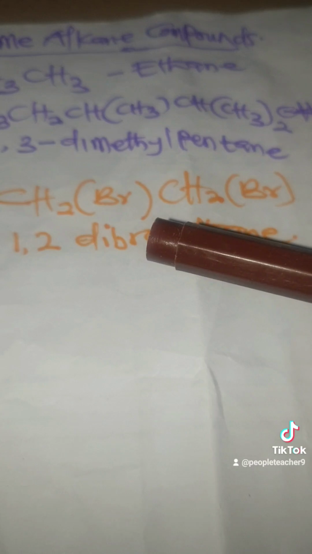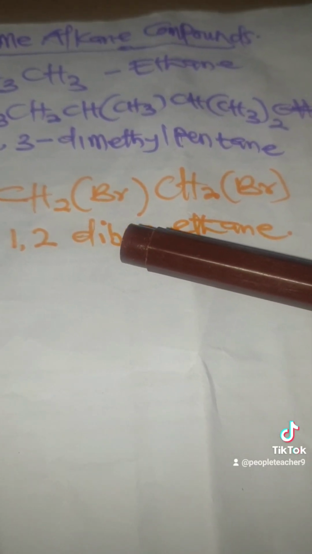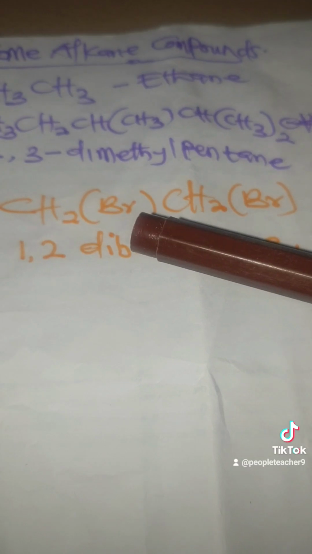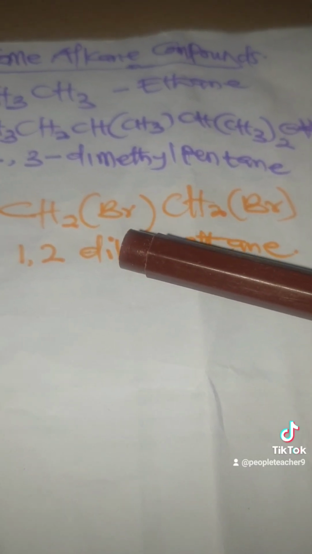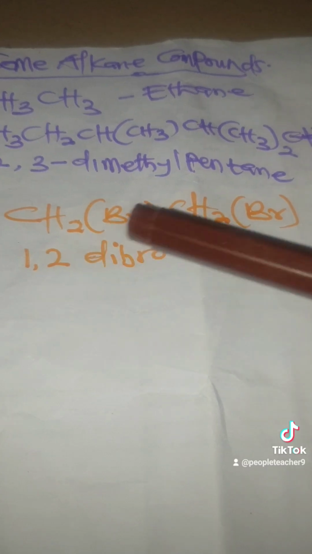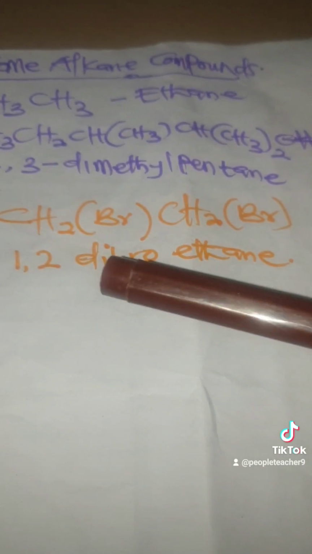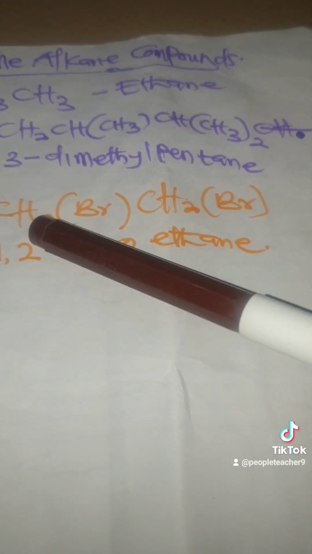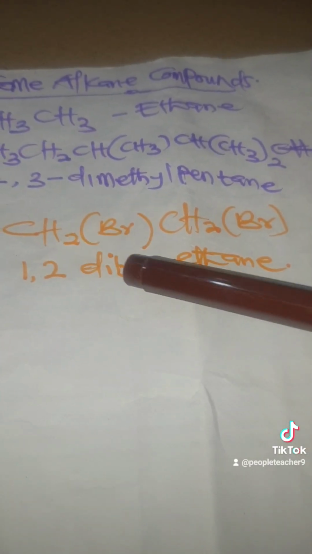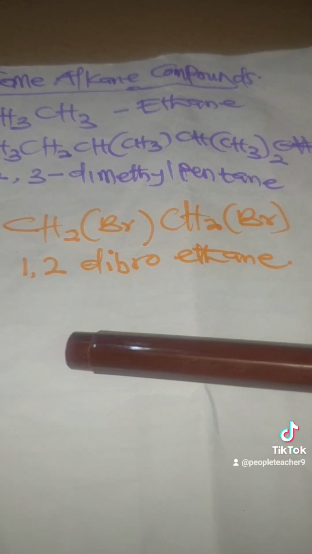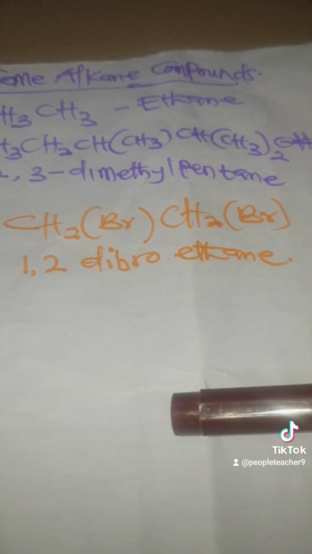And then 1,2-dibromo means that there are 2 bromine atoms bonding to the 2 carbons. One is bonding at 1, that's the first one, and the other one is bonding at the second one. That's why we have 1,2-dibromoethane.